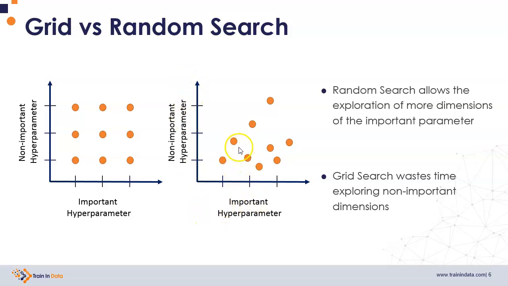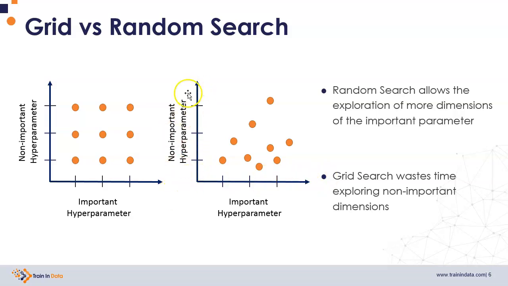Therefore, by selecting at random, it would explore more dimensions of this important hyperparameter, as you see here. So now we are able to explore these values, for example, that we weren't able to explore before with the grid search. So a random search allows the exploration of more dimensions of the important hyperparameter.